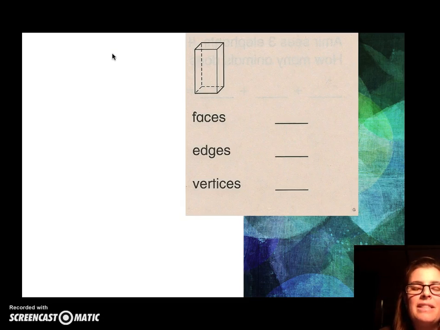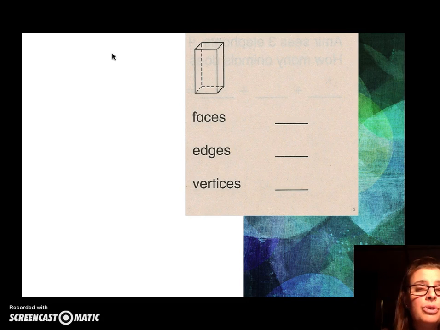The question the last time we were together, I gave you a rectangular prism and I asked you to tell me how many faces there were, how many edges there were, and how many vertices there were. Now, if you haven't spent a lot of time with shapes, this is a really tough question, and I hope that for the people who struggled with it a little bit, they were able to ask a neighbor and generate some ideas.